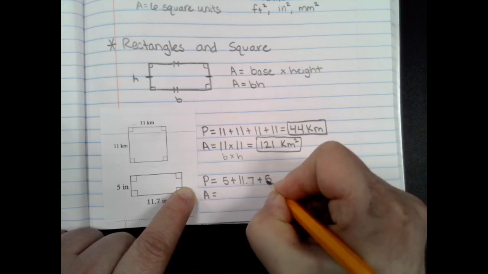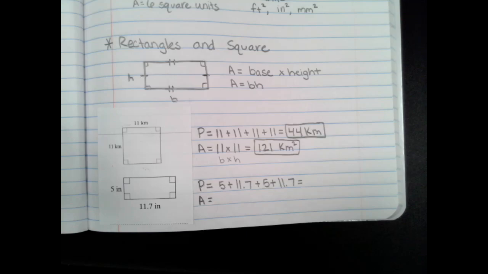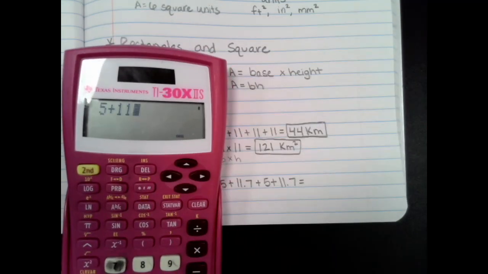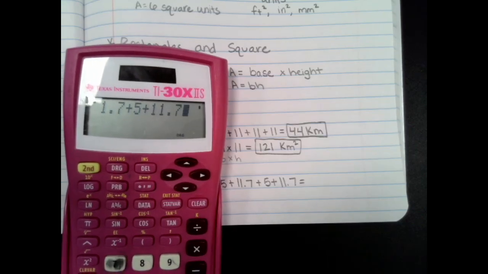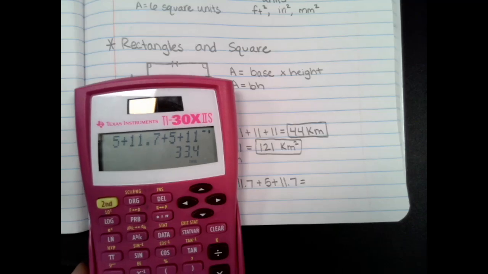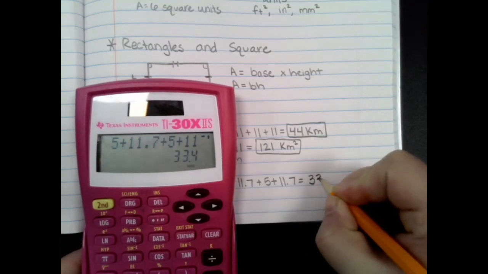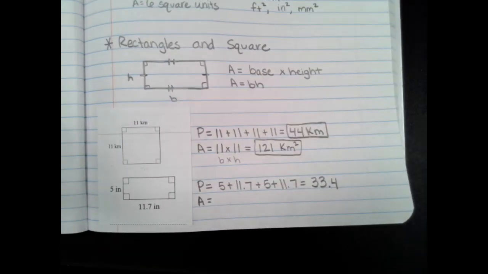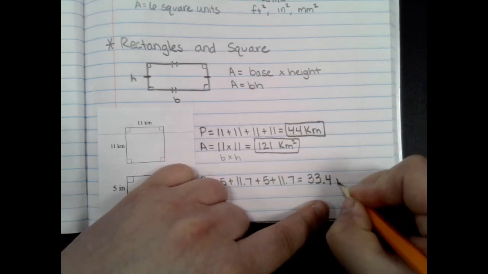Yep, 11.7 and 5. And we get 33.4. When I label the perimeter, is this going to be inches or square inches? For perimeter, it's just inches.